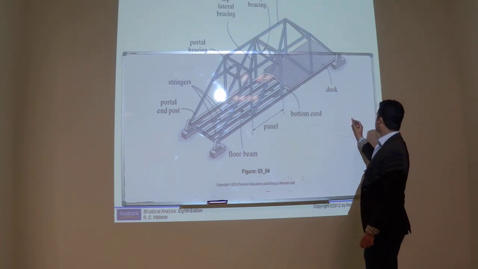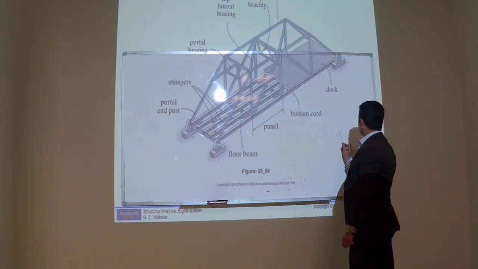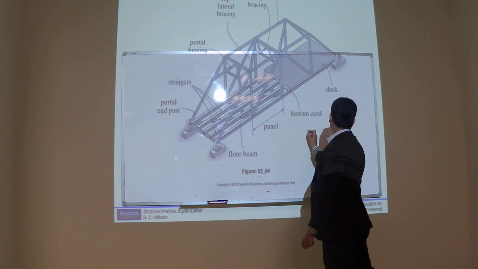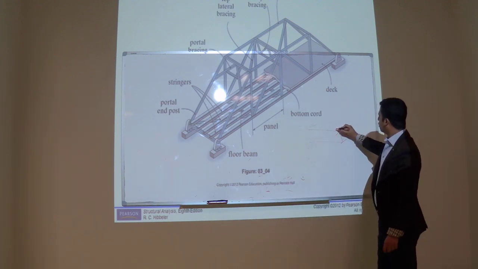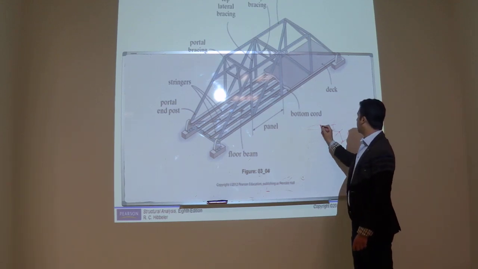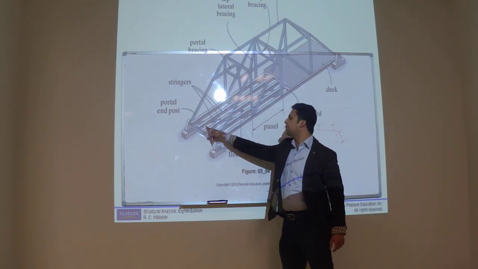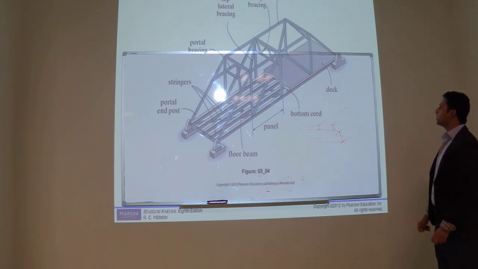For example, this beam will be the floor beam going this way, and on this floor beam we have stringers. These five beams are the stringer beams.